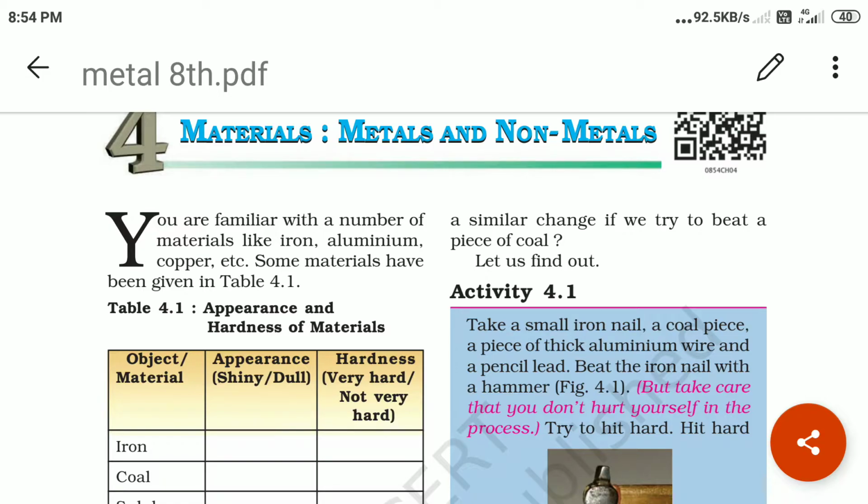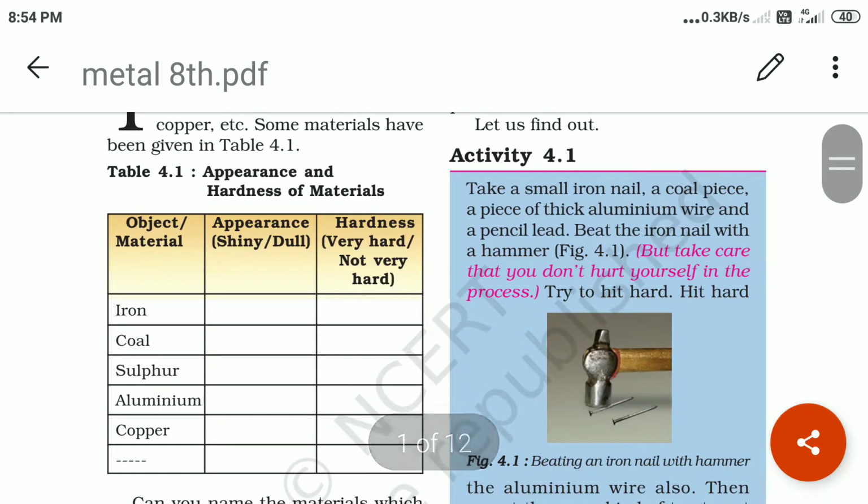Okay, here are some objects and materials: iron, coal, sulfur, aluminium, sodium. When we compare the metals or materials, most materials are hard in nature, some are soft in nature.